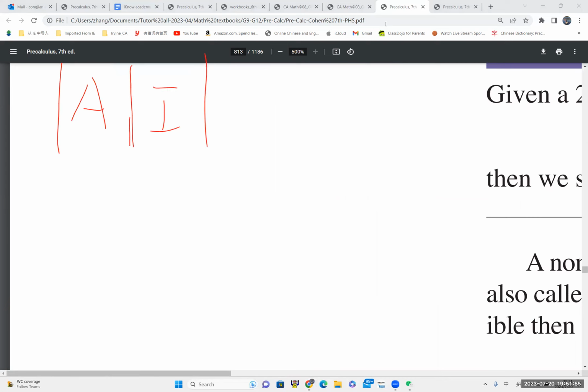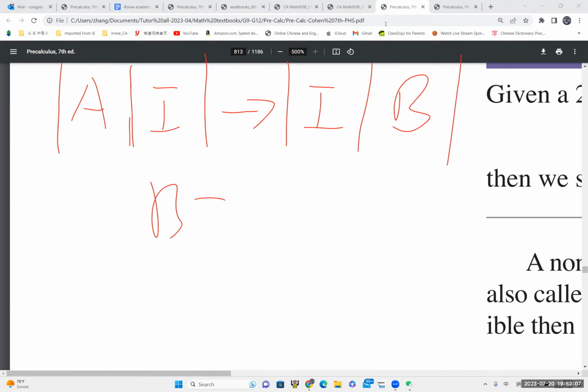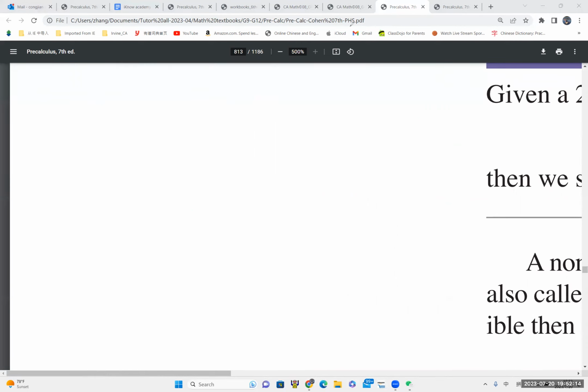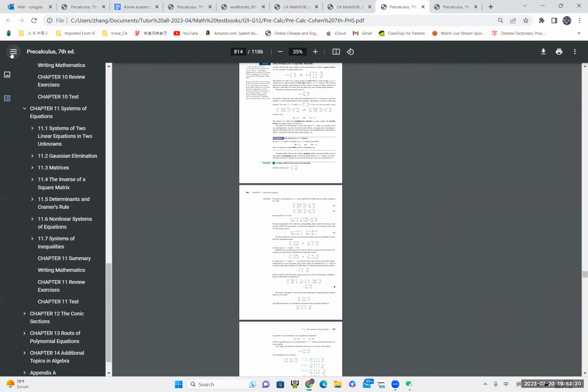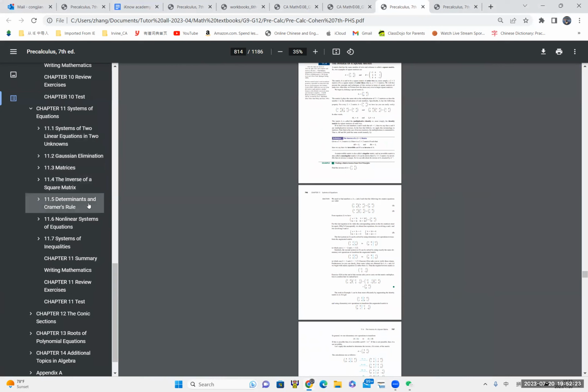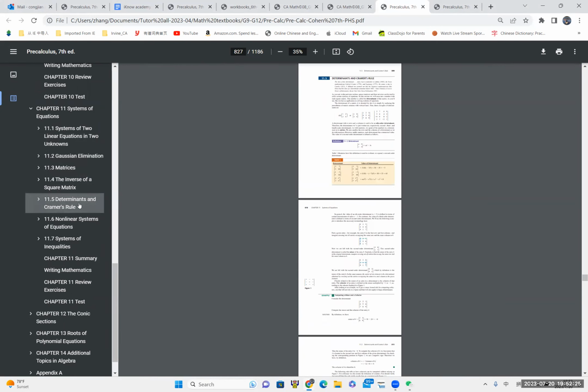You do the operations to let A go to a unit matrix, then the other side goes to B. Then B will be the inverse of A. This is the rule. But I don't find it. Maybe in the next section. I'm not sure. Okay, anyway, let's go here.